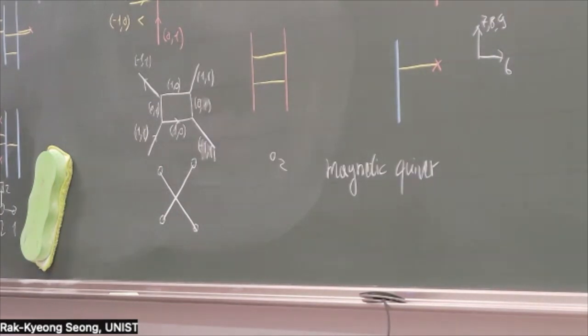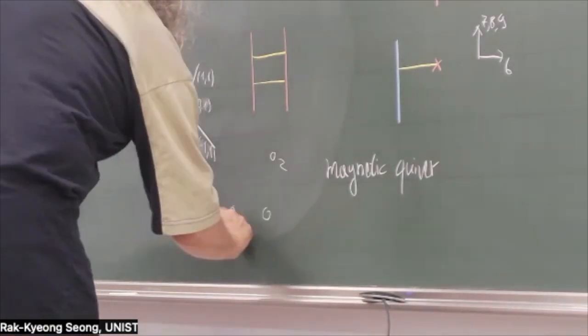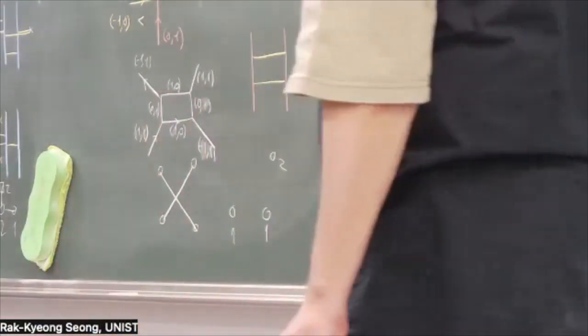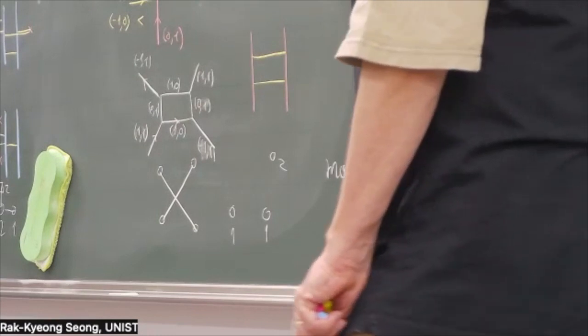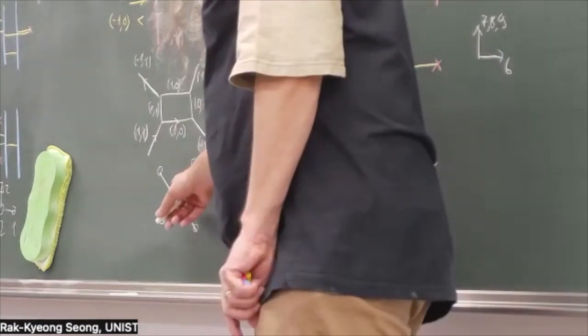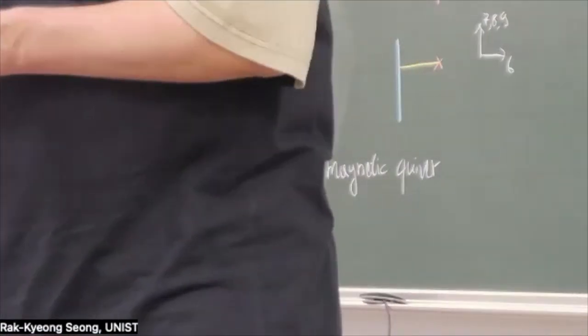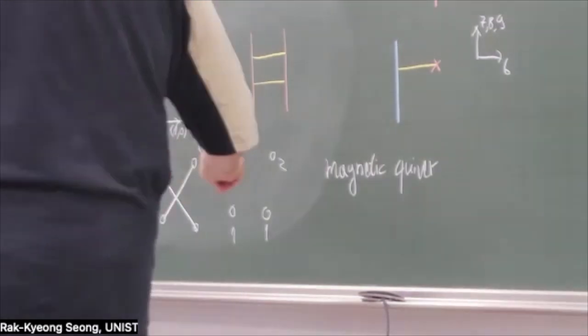And so I have 2 objects, each one an individual one. So that's the magnetic quiver. But I need to figure out how many times they meet each other. Intersection number. Its intersection number is 2.